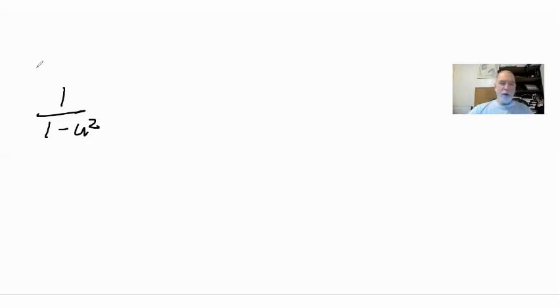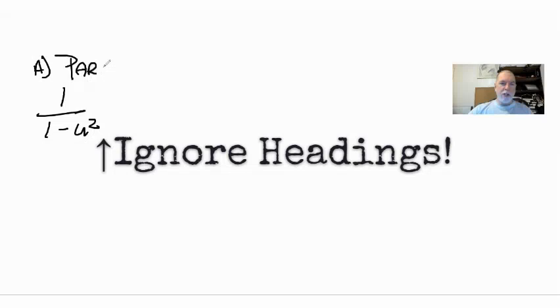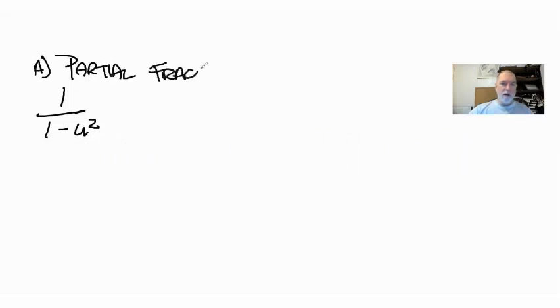So first of all, we're going to try this with partial fractions. Okay, now we've got a second degree polynomial in the denominator. We want the numerator to be a first degree polynomial, but we can make it look like one: we just multiply by 0u, and then plus 1.